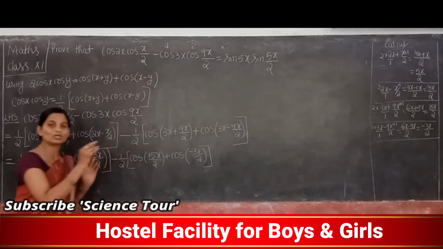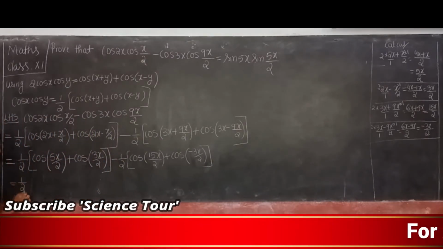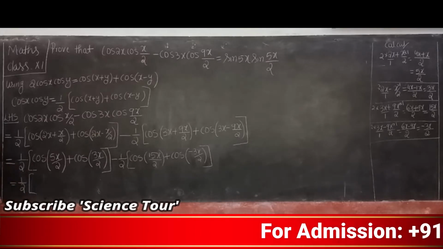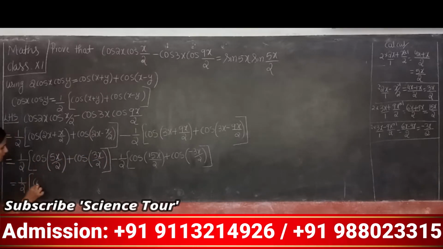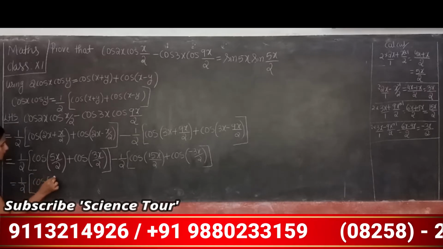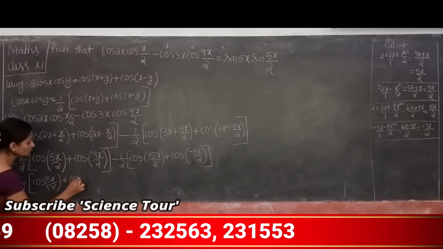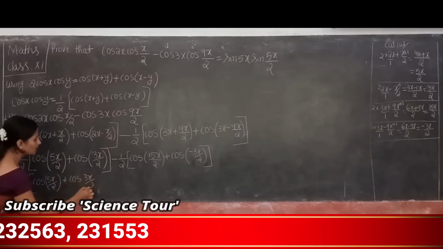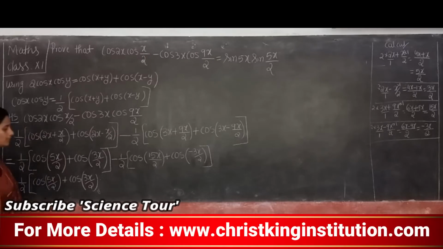So what is common here? So I take the half outside. Is it clear? Half is outside. So half from this bracket, we get cos 5x divided by 2 plus cos 3x divided by 2.